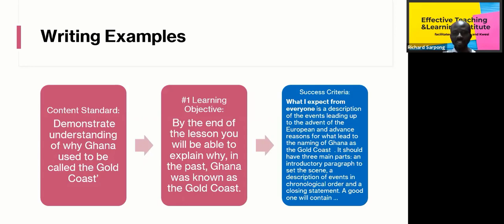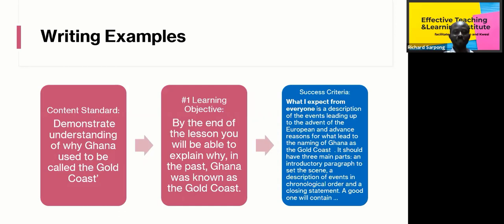But this is how I want the students to do the write-up. It should have 3 main parts: an introductory paragraph that sets the scene, a description of the events in chronological order, and then a concluding statement. But you can go further to say that a good one should contain, for example, trading as one of the key reasons that led to naming it the Gold Coast, because that's what they found.